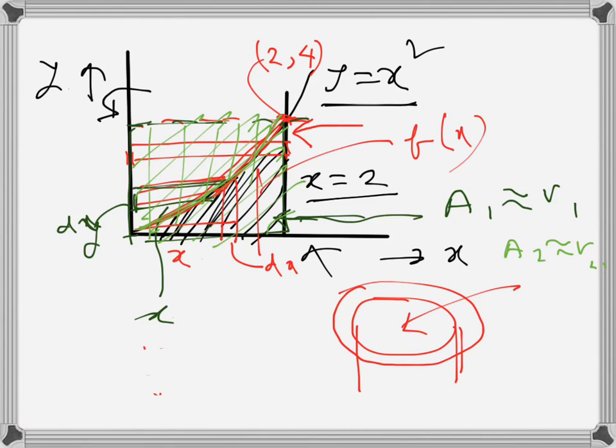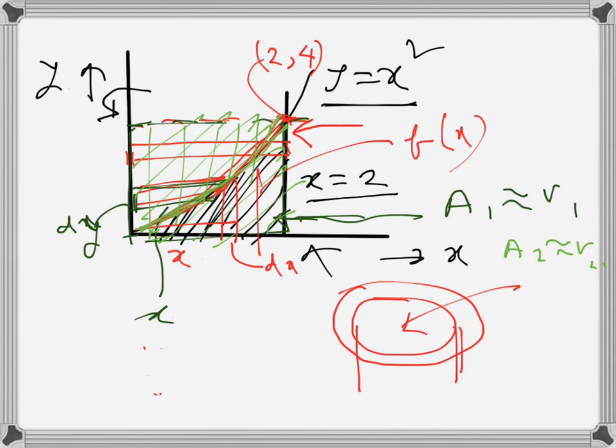The desired area is the remaining one here, so if we subtract A2 from A1, the corresponding volume is V1 minus V2, which gives the volume generated by the area enclosed by the parabola, the straight line, and the x-axis. The total volume minus this volume is this volume.